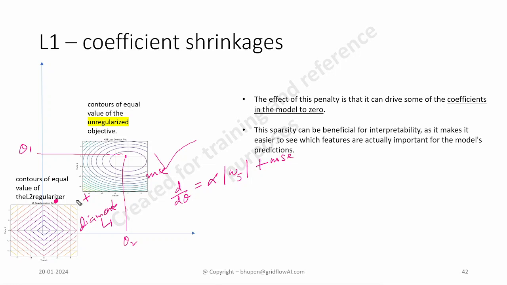So in this case, when you apply the penalty term, the minimum may happen at the point of contact of these two functions. Let's say the point of contact is here. So your new theta 1 and new theta 2 are now shrunk. This is how the optimization of the coefficients happens because of the penalty term.